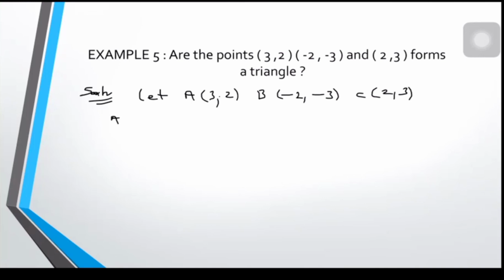AB, A point (3, 2), B point (minus 2, minus 3). So x1, y1, x2, y2. We know the distance between 2 points formula.